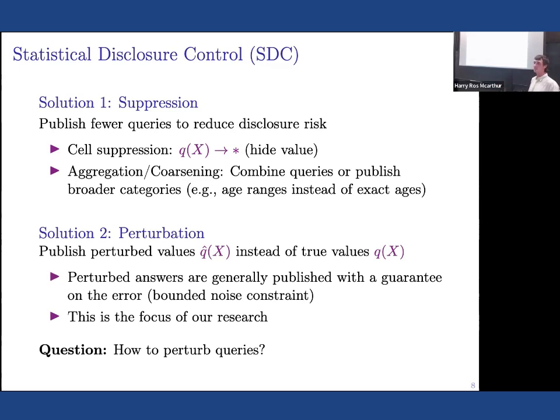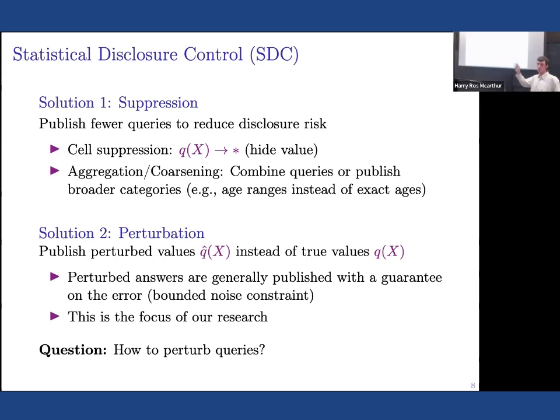So I'm saying it's 102, but really it's going to be 102 plus or minus 5. That's a way to manage the privacy concerns associated with publishing accurate answers. This perturbation approach is the method that we're focusing on. I refer to the perturbed values of queries with a hat, as opposed to just the true values Q of X.